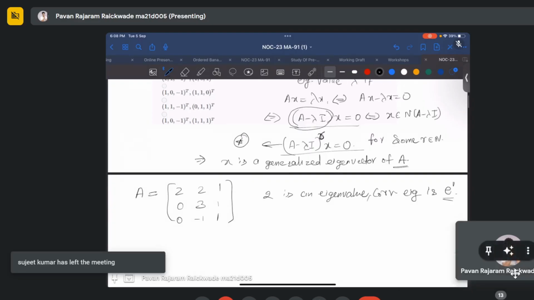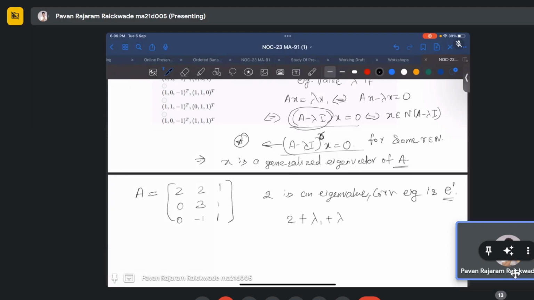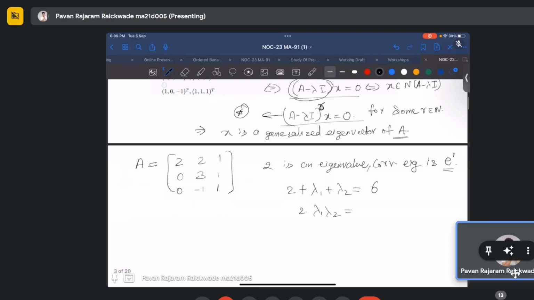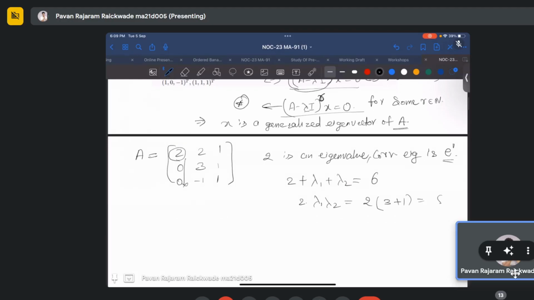So the eigenvalues are, let's say, 2 plus lambda 1 plus lambda 2 is the trace, which is 6, and 2 times lambda 1 lambda 2 is the determinant. What is the determinant? 2 times (3 plus 1). That's enough, because if I expand the determinant in this direction, all others are 0. So this is 8.